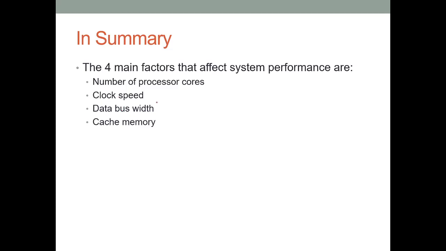The larger the data bus, the better the performance you're going to have. And using cache memory is also going to increase performance. Now, except for this last one, which has no disadvantages, there are a few disadvantages with the other three you need to be aware of. So you might want to go back over the PowerPoint and make sure you know what the disadvantages are, because I did admittedly storm through this.